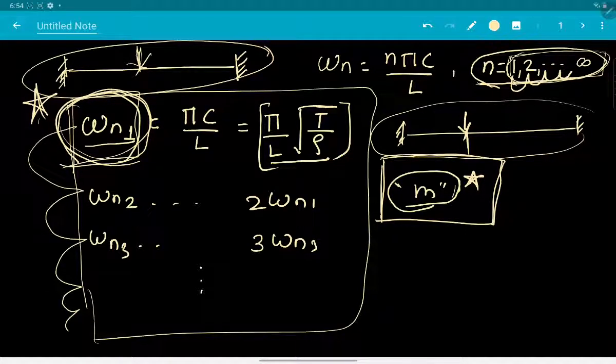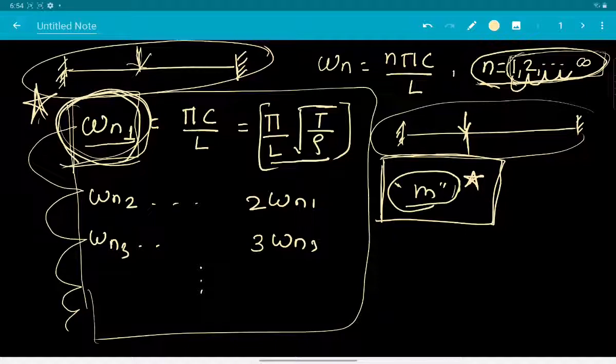Since these frequencies are integer multiples of each other, they create a very nice soothing sound, and our ear likes to hear it and we feel it is better when we hear such sound.